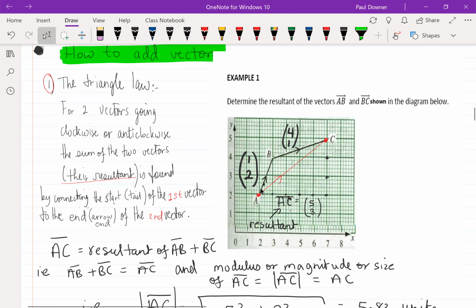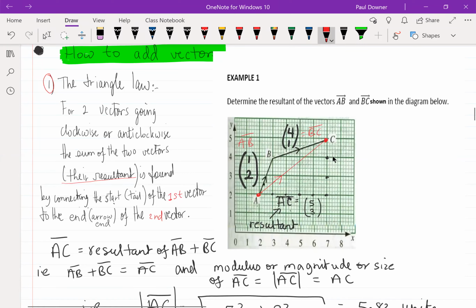All right, so let's look at that across here. In this example, they wanted us to determine the resultant of the vectors AB and BC, shown in the diagram below. So this vector here is AB, and this vector here is BC, all right?